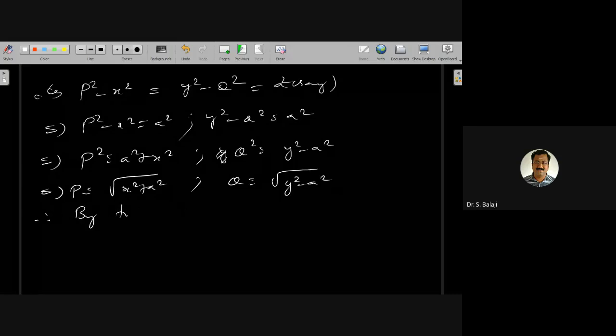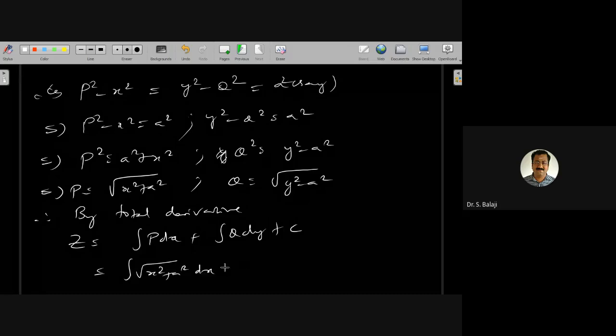By the total derivative idea, capital Z only gets changes here, therefore dZ equals capital P dx plus capital Q dy, plus C. For this one, it is the x square plus a square formula: x by 2 square root of x square plus a square, plus a square by 2 sinh inverse of x by a.